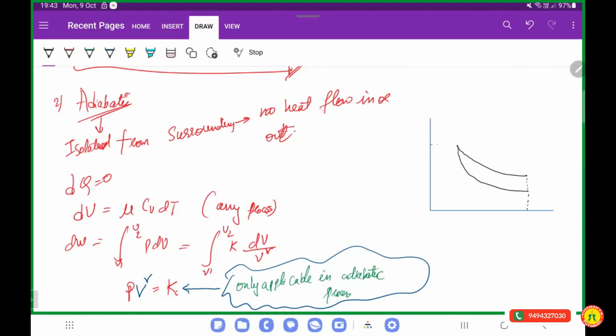So this is change of volume, and here P. So every point we can observe change of volume, change of pressure.